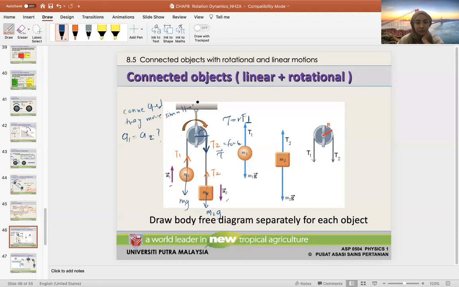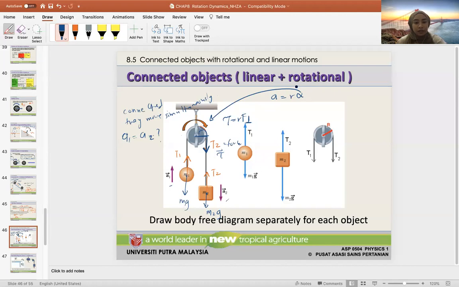Good. So you've learned this before, and you know that acceleration 1 is equal to acceleration 2, which means that the pulley also rotates at the same acceleration, but this time it is alpha, the angular acceleration.